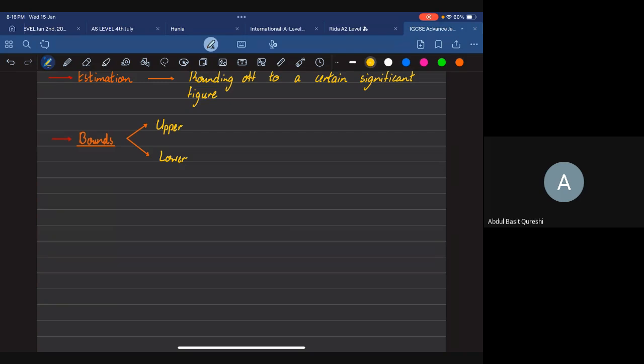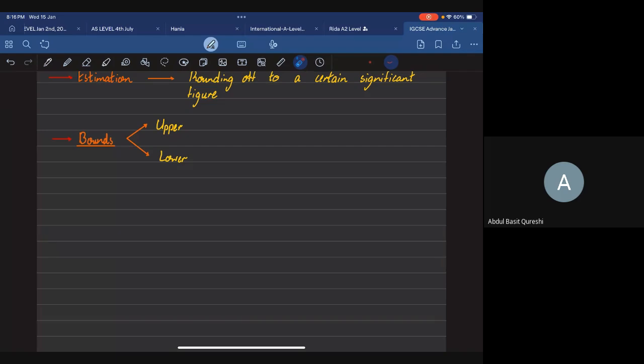Whenever a question says, use bounds to calculate this answer, a bit of brain power from you guys is going to be required. Even though there is no set standard for it, you can still get upper bounds and lower bounds just by understanding what the question is all about.